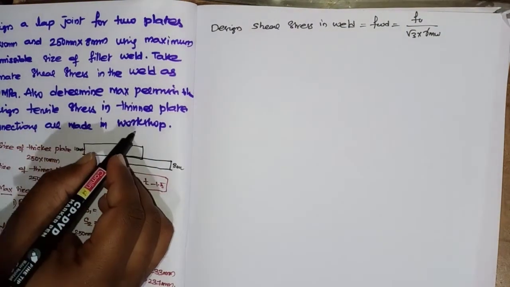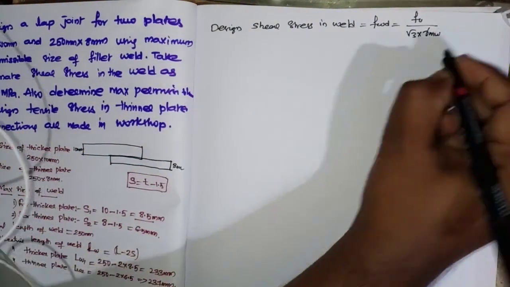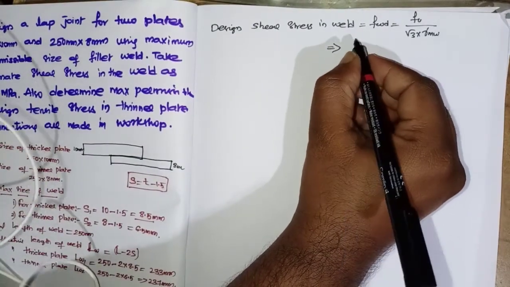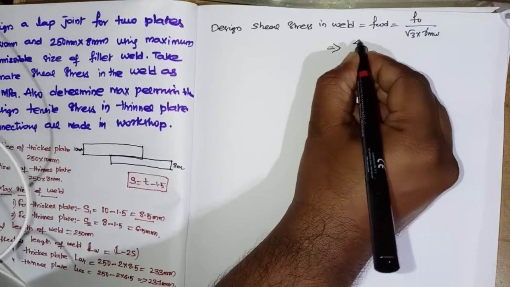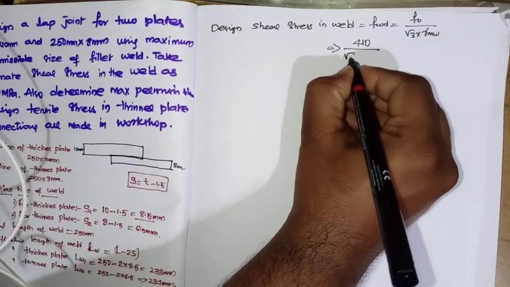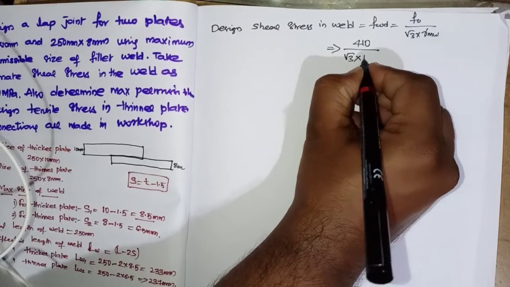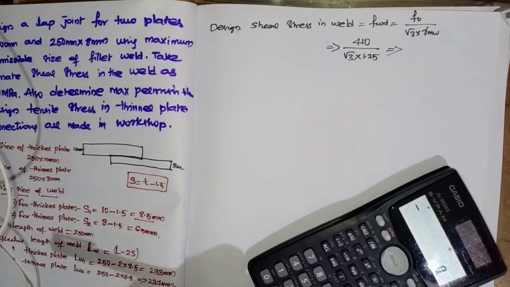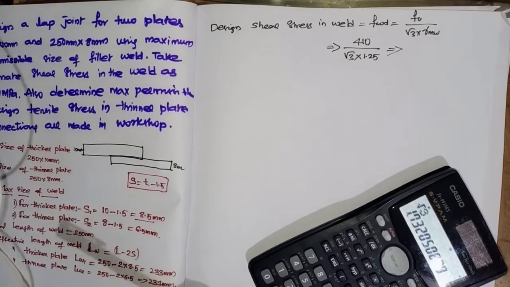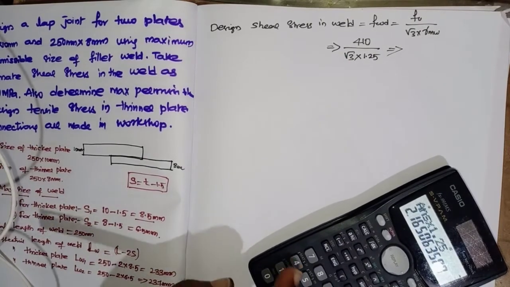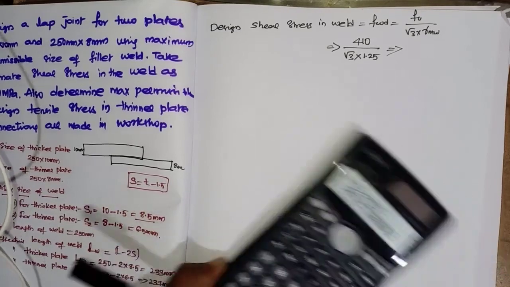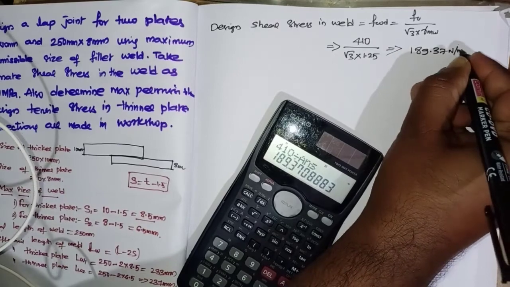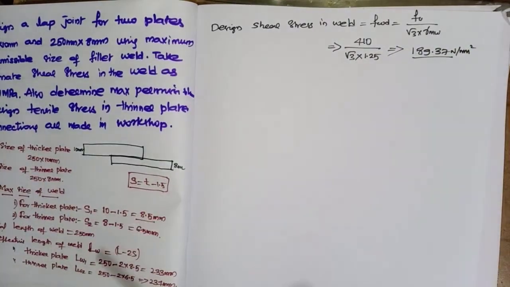Now for shop welding, how much is it? 1.25. So the ultimate stress is given as 410 divided by root 3 into 1.25. Okay, so you will be getting around 189.37 Newton per mm square.